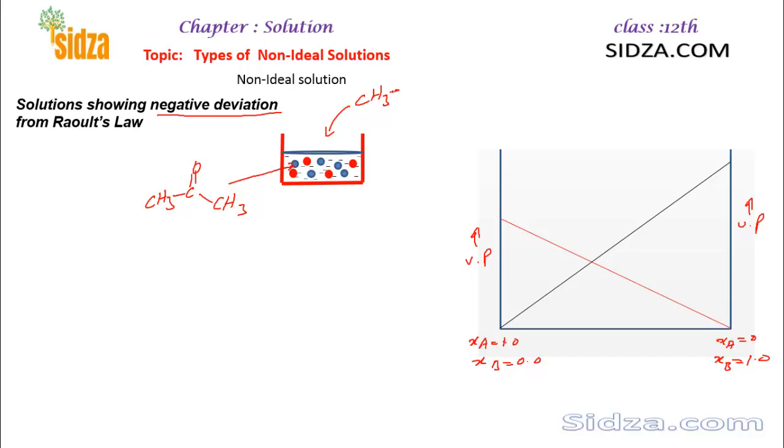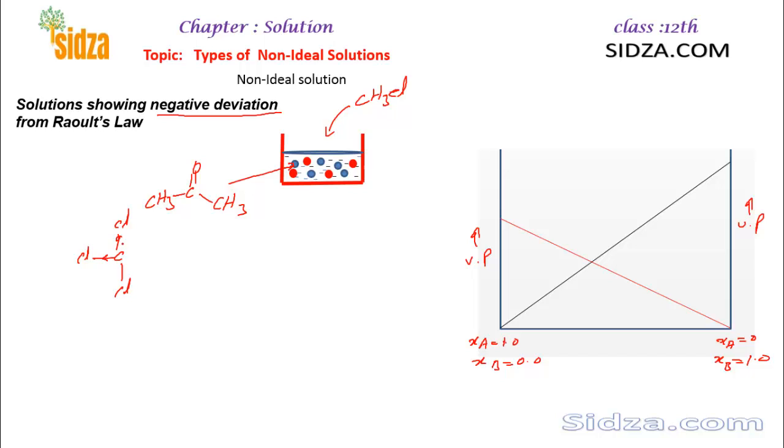CHCl3, chloroform. So once you add chloroform in the acetone, chloroform and the acetone molecules will have a stronger force of attraction. The force of attraction will be much stronger than what you find between the acetone molecules. It's because in the chloroform, the carbon is attached to electronegative atoms, 3 chlorine atoms.